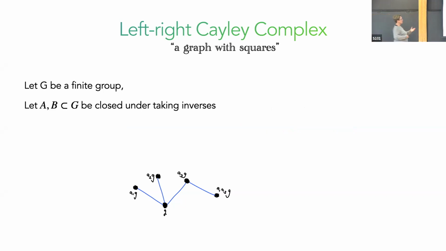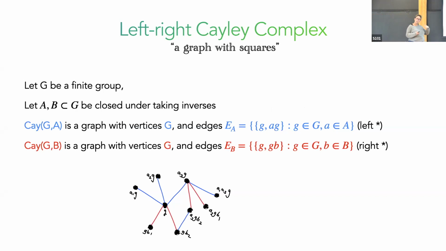So instead of just one set A, we're going to have two sets A and B, one set that gives me blue edges and the other set that gives me red edges. And there's a slight twist: with the A set, we do left multiplication, and with the B set, we do right multiplication.